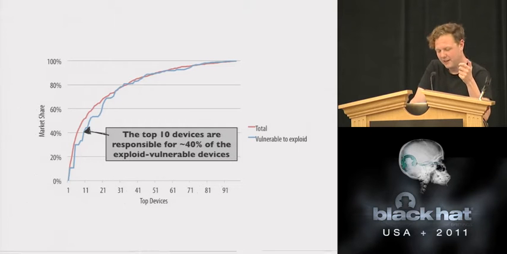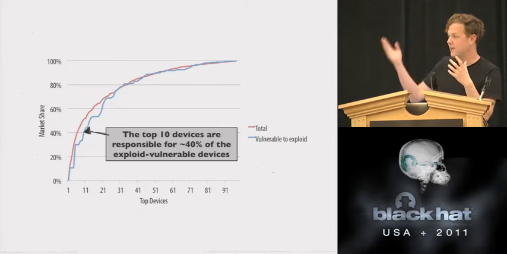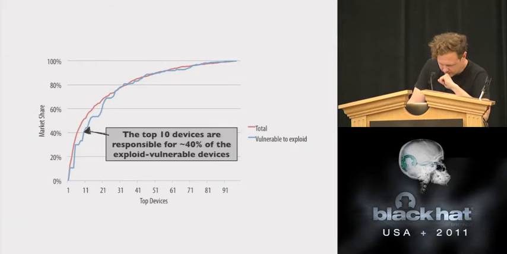So if we say that the top 10 devices are responsible for 40% of the exploit vulnerable devices, then we can see how vulnerability kind of tracks this popularity curve. So we can see that it's riding pretty much alongside of it here.